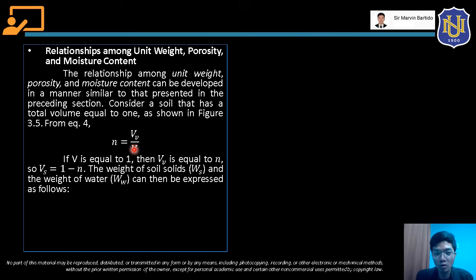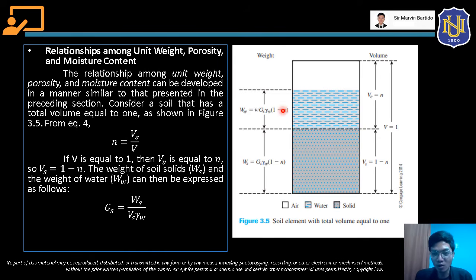Kung 1 itong total volume natin, tapos yung volume ng voids natin ay n, yung voids natin dito, water at saka air, so yan ay equal sa porosity. So yung volume ng soil solid natin will be the total volume minus the volume of voids, so that will be 1 minus n. Right? So yun yung magiging volume ng soil solid natin, class.